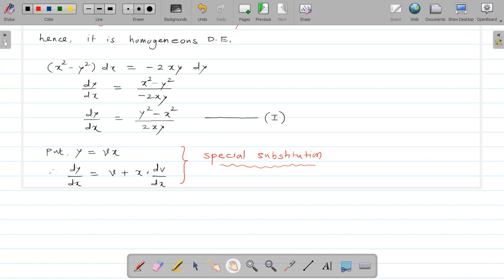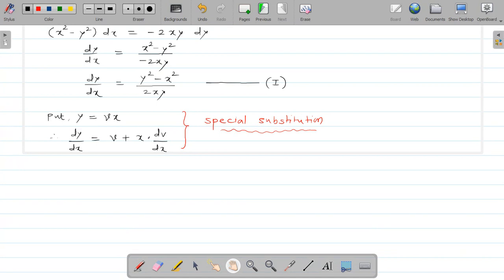Now after getting this, you put the value in equation number 1. So equation number 1 becomes, in place of dy by dx, I have to write v plus x into dv by dx is equal to, now on the right hand side I will put y is equal to vx. So here we will get (v square x square minus x square) upon 2x into vx.